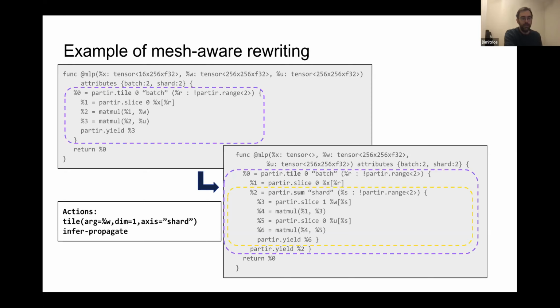Then we apply an action which says tile argument W on dimension 1 and axis shard, and then please propagate the consequences. This is the infer propagate tactic. What you get is a loop nest where you see a tile on the outside and a sum on the inside. And that's the program you get. So you get these programs that contain loop nests.